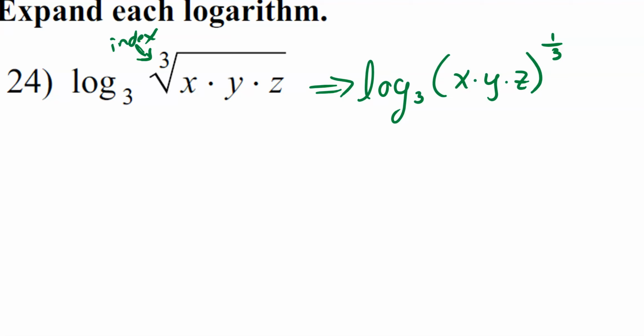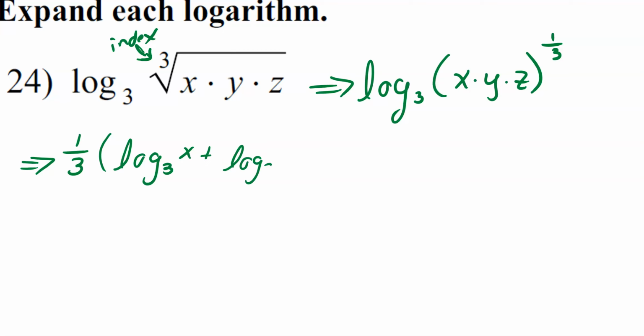So I'm going to expand this, and it's multiplication across these. I'm going to do this similar to the last one. So I'm going to pull the 1/3 out here, and then I'm going to go log base 3 of x, and expand this and go log base 3 of y plus log base 3 of z.